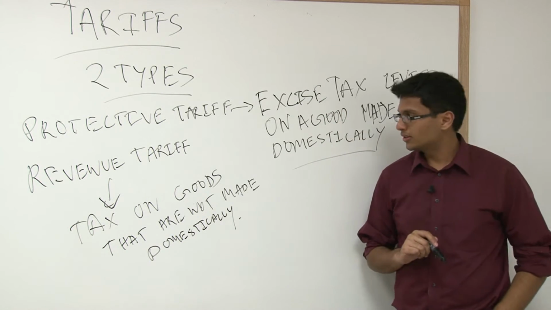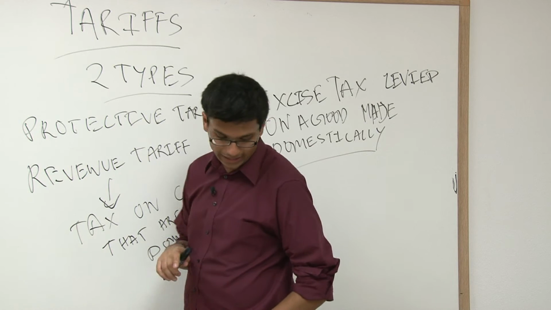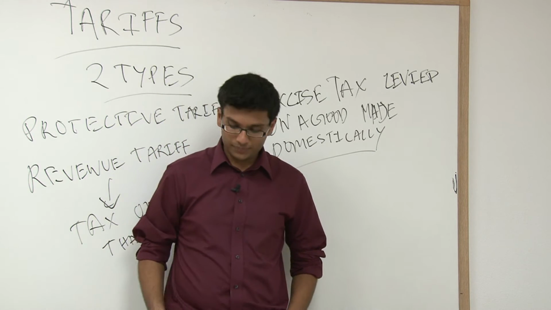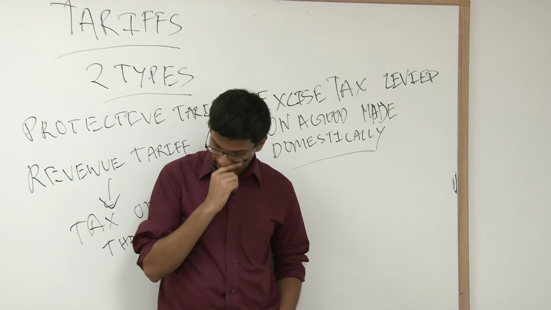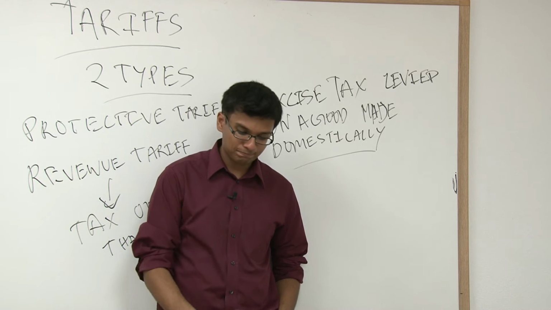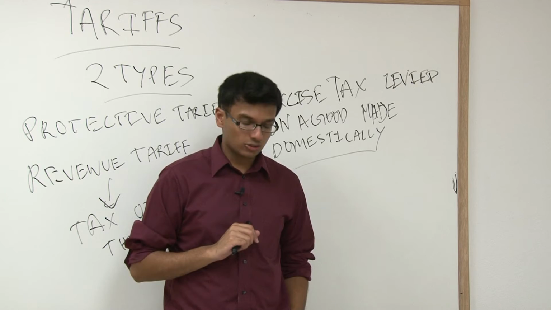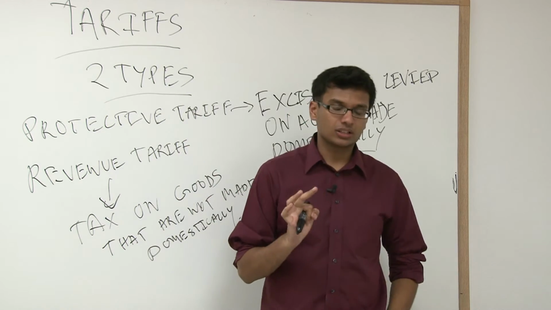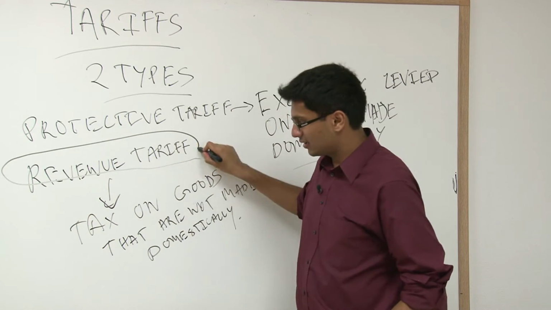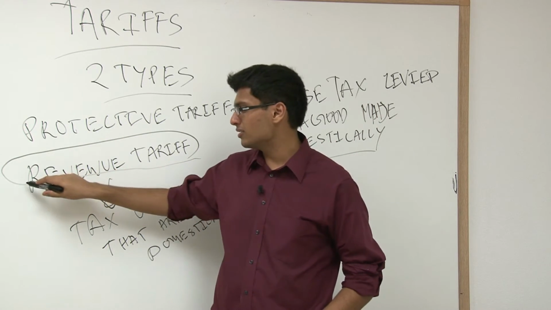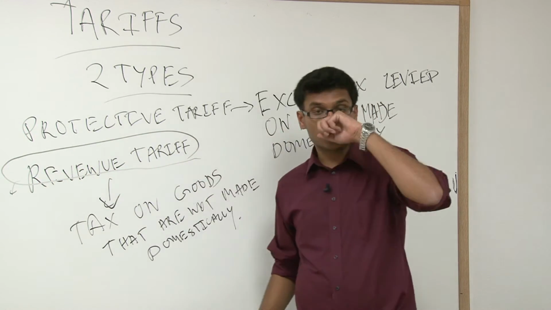So why are they designed? The protective tariff is designed to protect. More than protecting, revenue tariffs are designed to make, pretty straightforward, revenue. How does this happen? Let's imagine a product that's not made in the US.